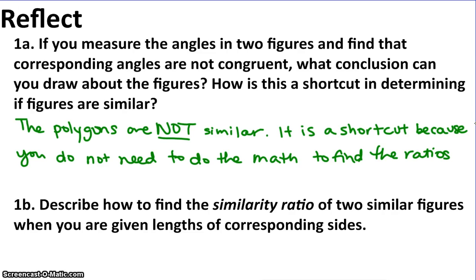Alright, so it says describe how to find the similarity ratio of 2 similar figures when you are given lengths of corresponding sides.